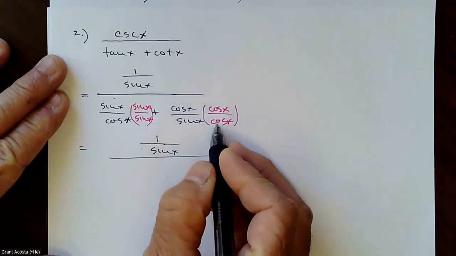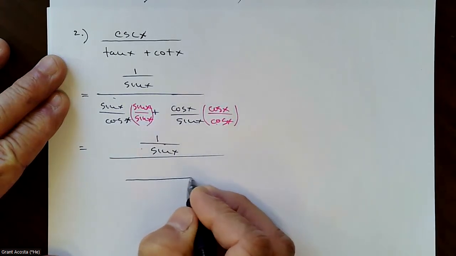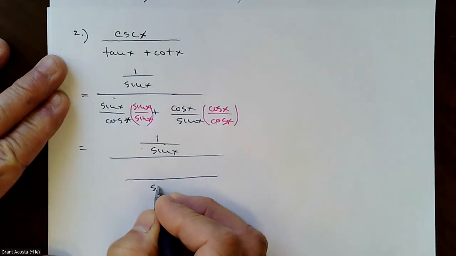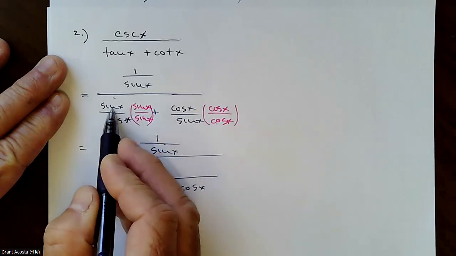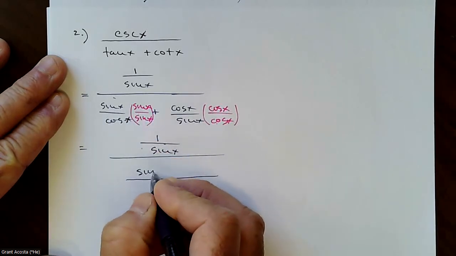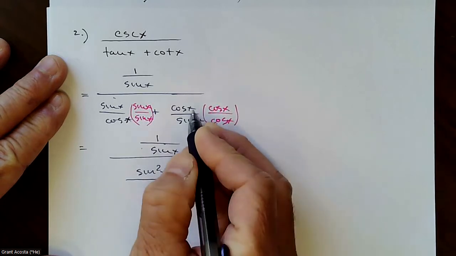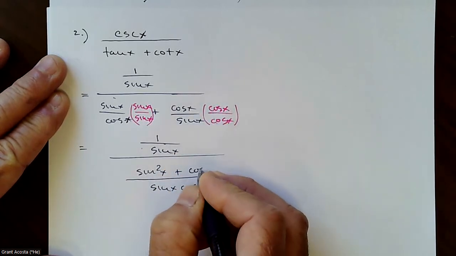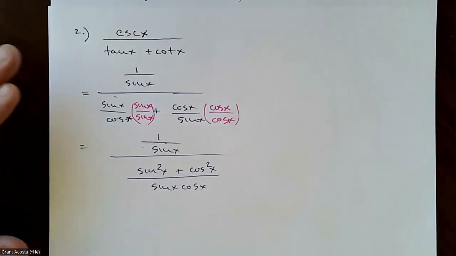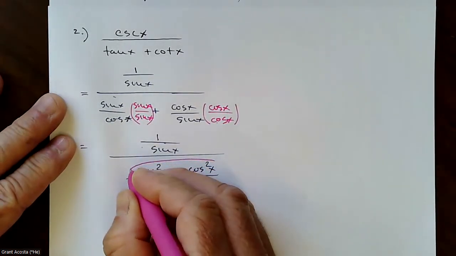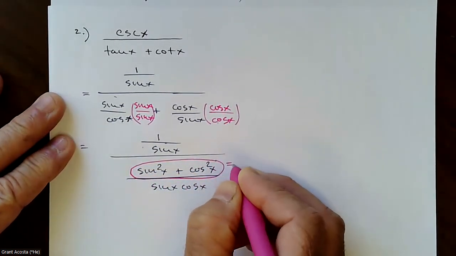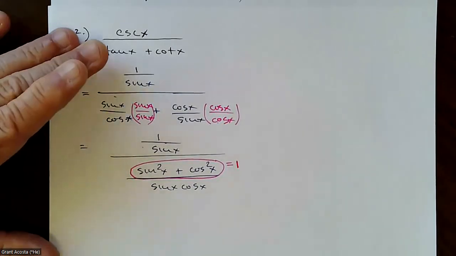Cosine times sine, sine times cosine, it's the same. So I have this denominator, I'll write it as sine x cosine x. And what do I have in the numerator? I have sine times sine, which is sine squared x, plus cosine times cosine, which is cosine squared x. And that is, by the Pythagorean identity, just equal to 1. That is an identity.